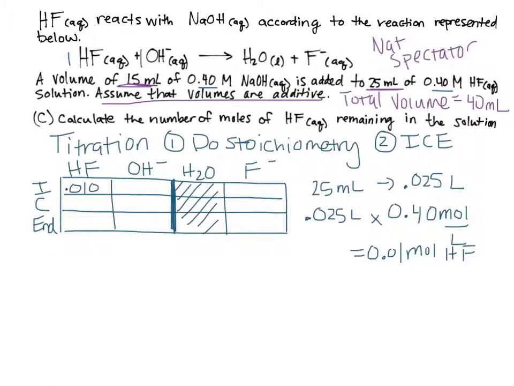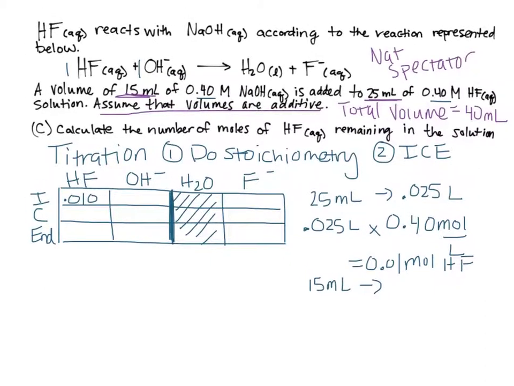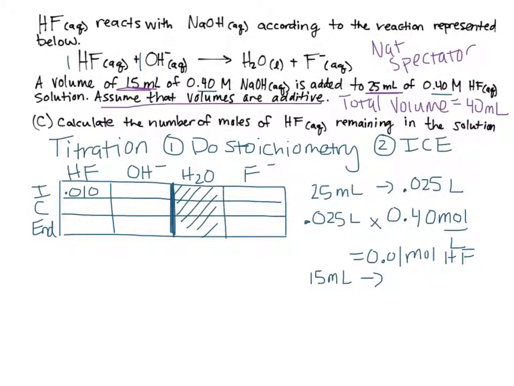Then we do the same thing for the hydroxide. We're starting with 15 milliliters, which is the same thing as 0.015 liters of that hydroxide, and I'll take that amount of liters and I'll multiply it times the concentration, which is moles per liter because it's molarity, and that number is going to equal 0.006.